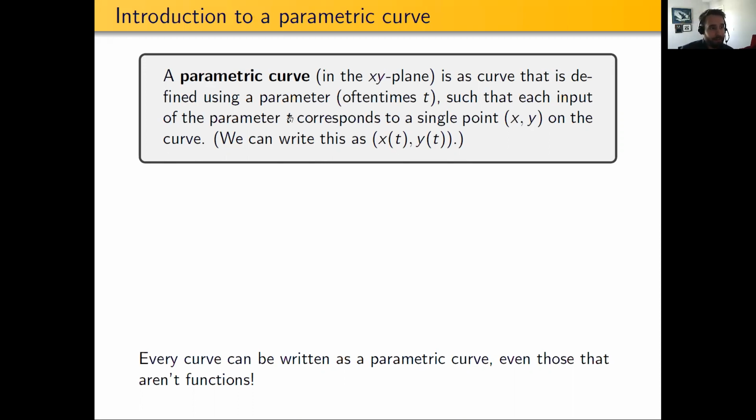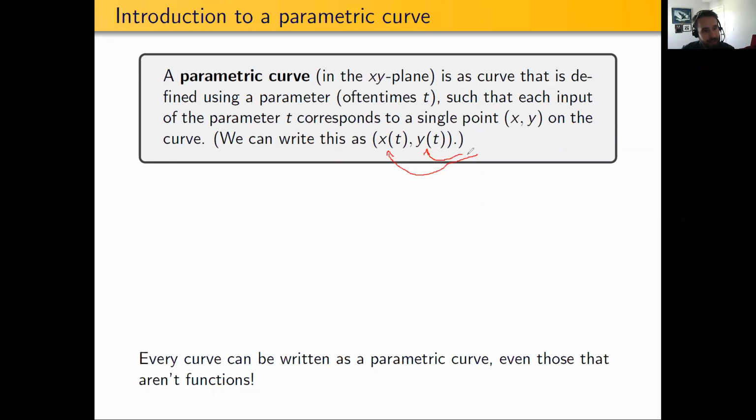And so because every single t will correspond to a single point x and y on the curve, I can think of the x coordinate as being influenced by the parameter t, and also the y coordinate as being influenced by the parameter t. So I'll often write this as a set of two equations, x of t and y of t. And so if this is our parametric curve, I will often call these two, the x of t and the y of t, my parametric equations.